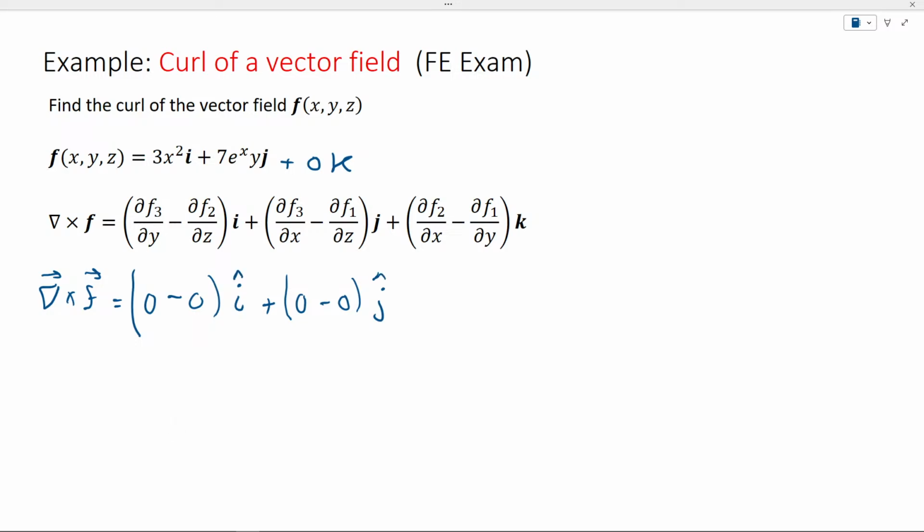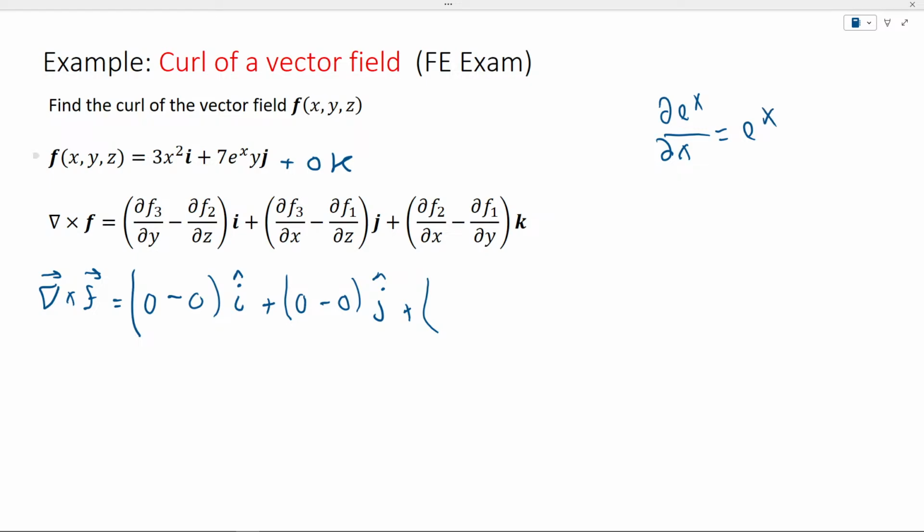Don't forget to put this hat, yeah? Doesn't matter. But anyway, and then ∂f2/∂x, where is f2? So e to the power x, do you remember the derivative of e to the power x with respect to x? That is equal to e to the power x, yeah?